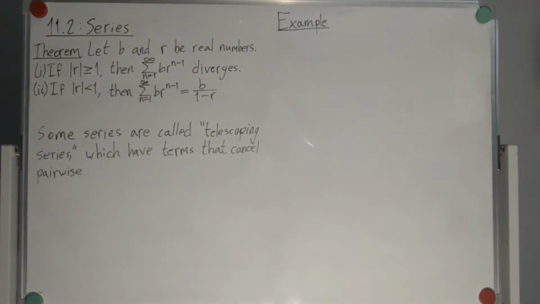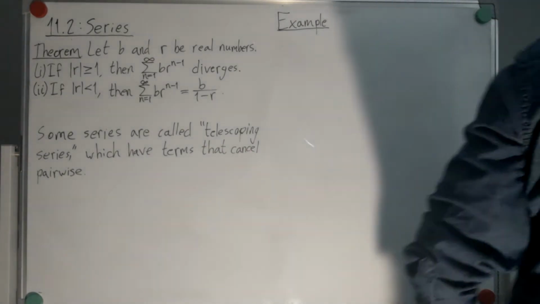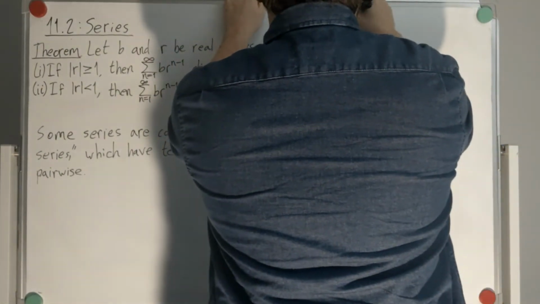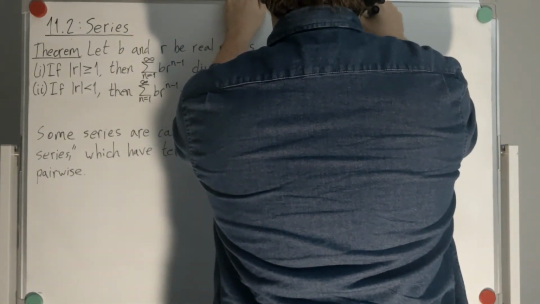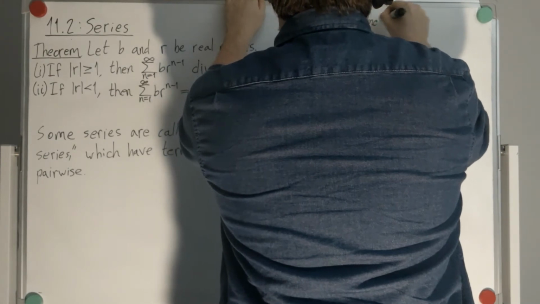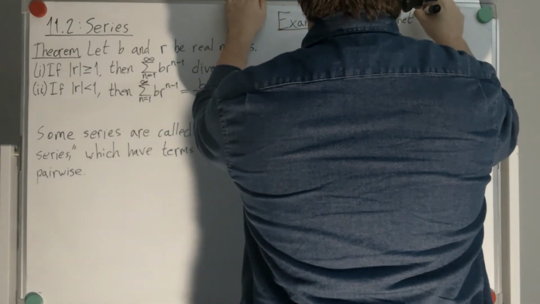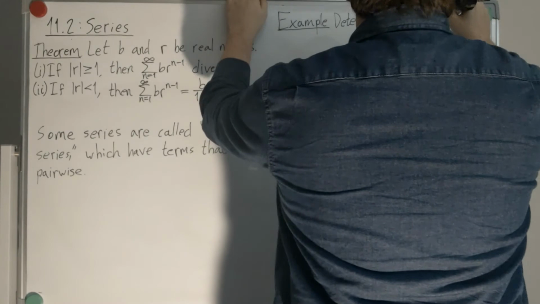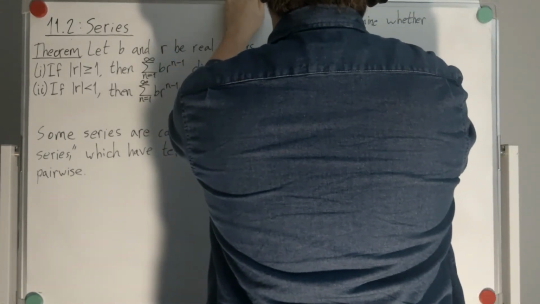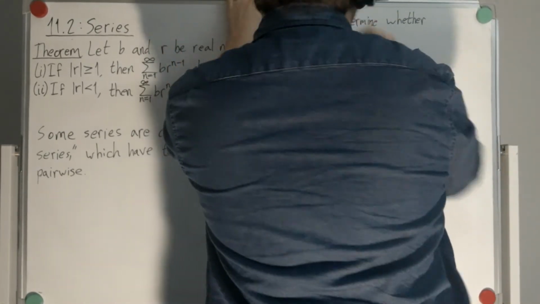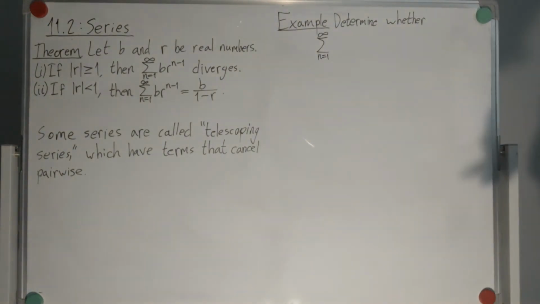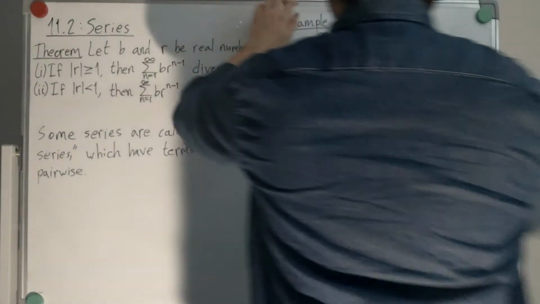So, we want to determine whether this series is convergent or divergent, and if it's convergent, we want to find its sum. So, determine whether the sum from n equals 1 to infinity of, let me get this right, 1 over n minus 1 over n plus 1.